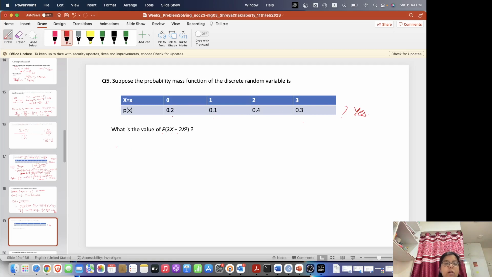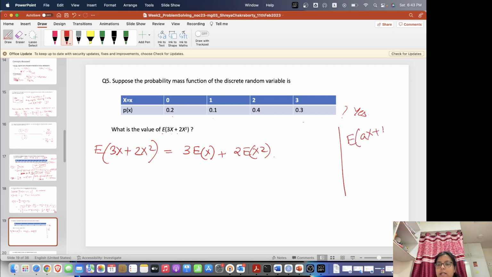In order to solve this one, expectation of 3x plus 2x square is nothing but 3 into expectation of x plus 2 into expectation of x square.